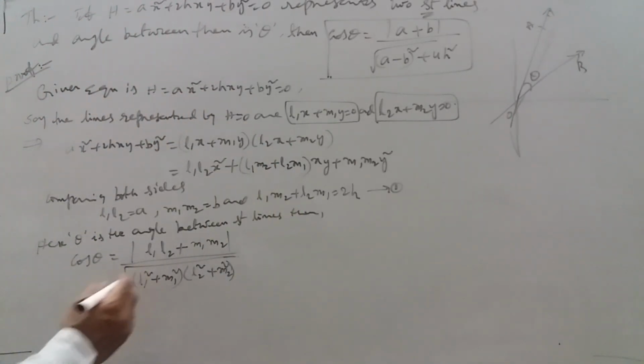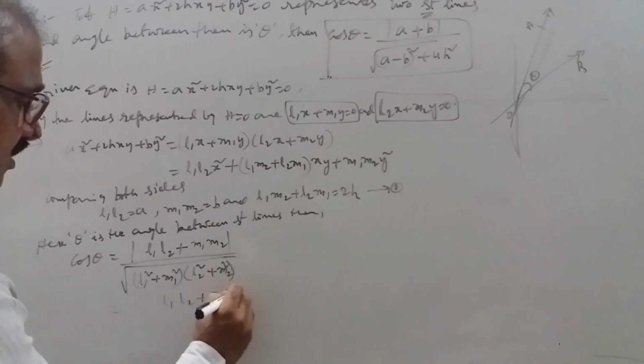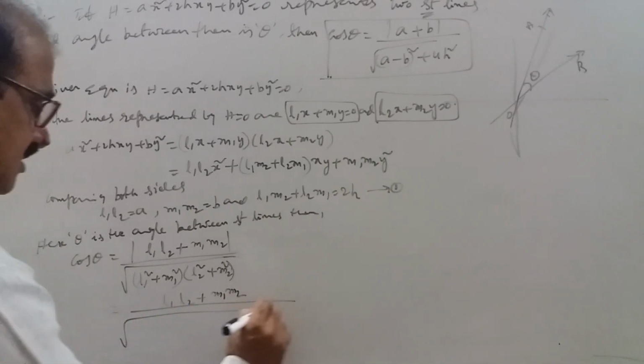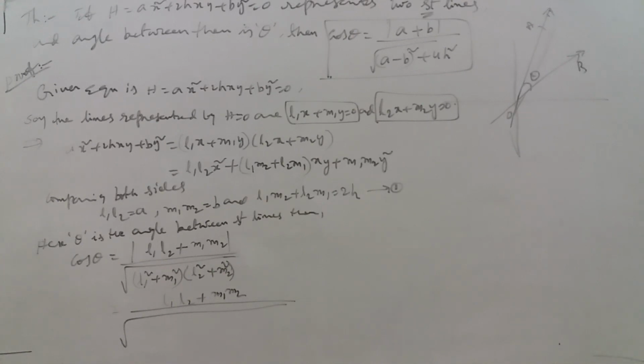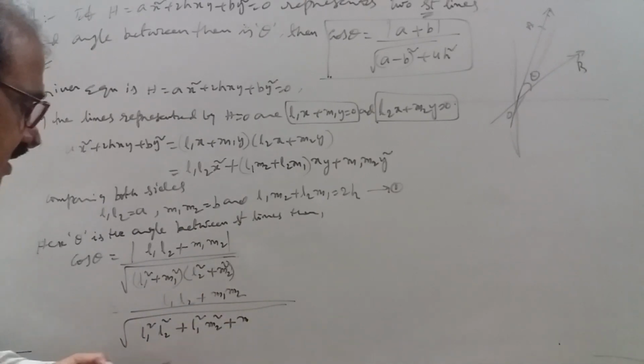By that we can simplify, that is equal to L1 L2 plus M1 M2 by, how can we simplify this numerator to get that (a minus b) whole square plus 4h square? By multiplying, L1 square L2 square, next plus L1 square M2 square plus L2 square M1 square.